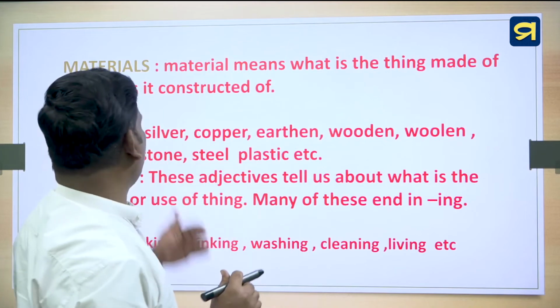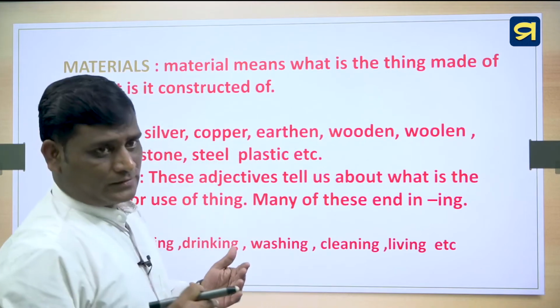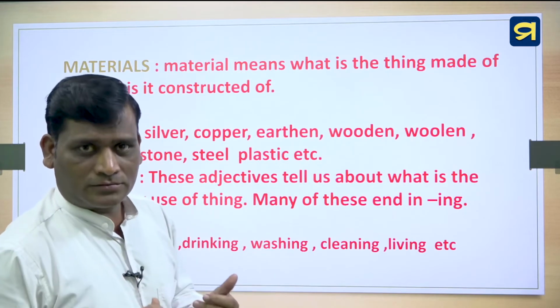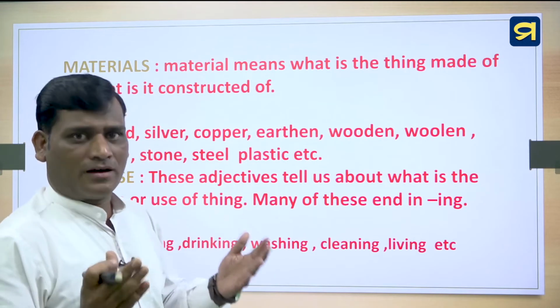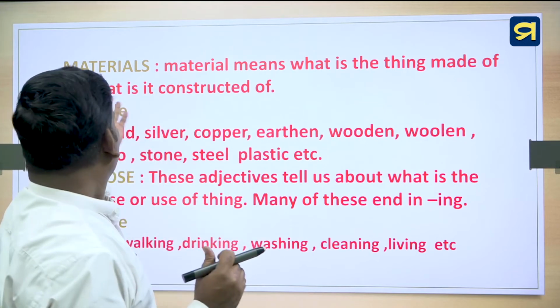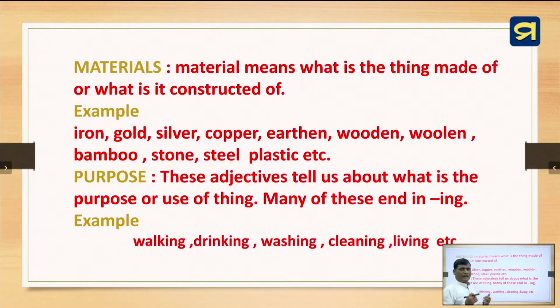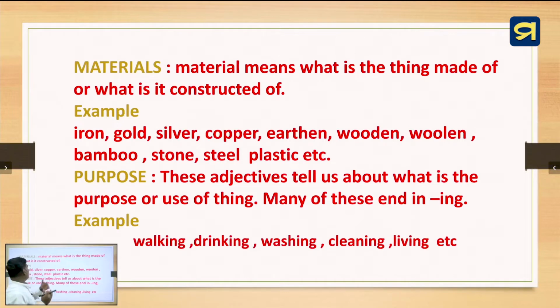Another category, material. Material means what the thing is made of. The table is made of wood. The glass is made of glass, yes. Similarly, what is it constructed of? Anything which is constructed of or made of comes under the adjectives of material.